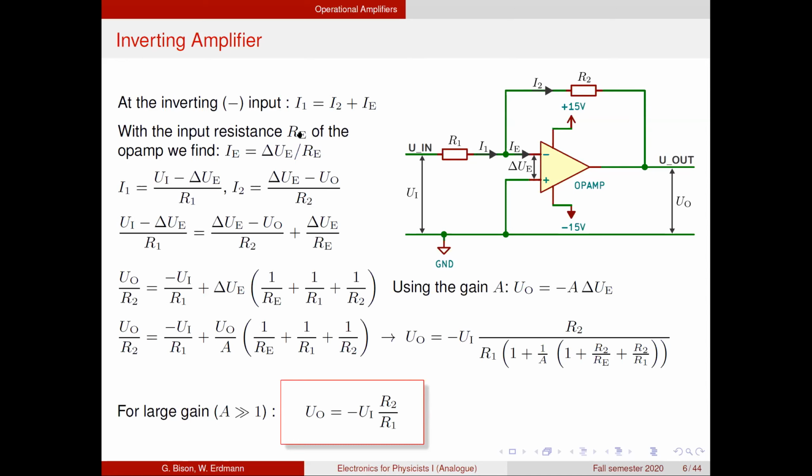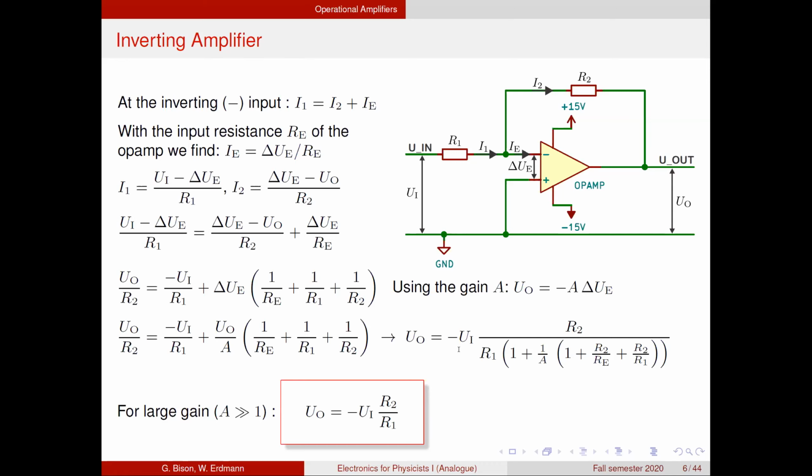And then we use the gain, which connects the output voltage to the difference of the input voltage, and A here is the gain. Okay, using that, we can further simplify this and finally divide by R2 and find an expression for the output voltage, which is equal to the input voltage with a minus sign.